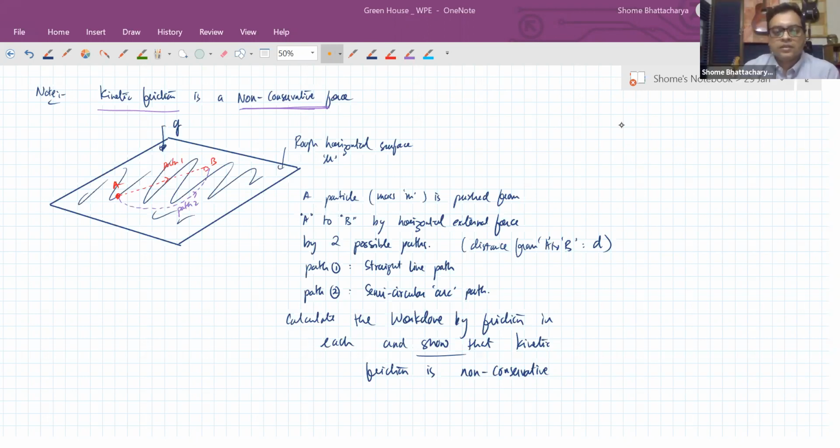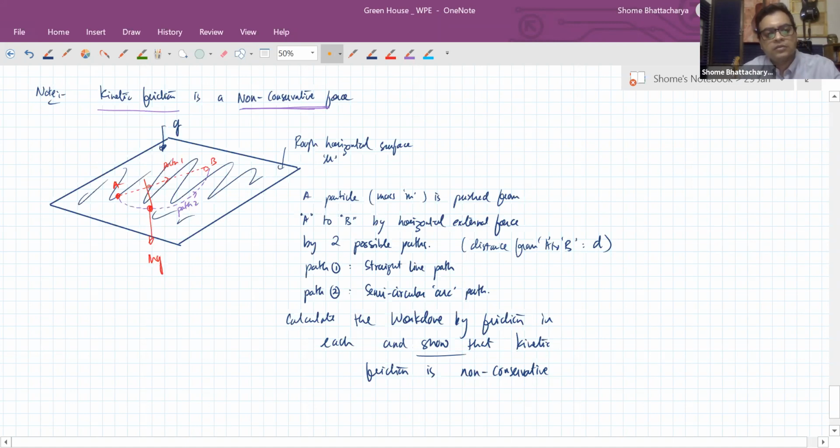Okay, so you can see that whatever type of path the body is moving in, the forces on it will be such that, let's say anytime the particle is here, mg acts vertically downwards. Normal reaction is acting vertically upwards.